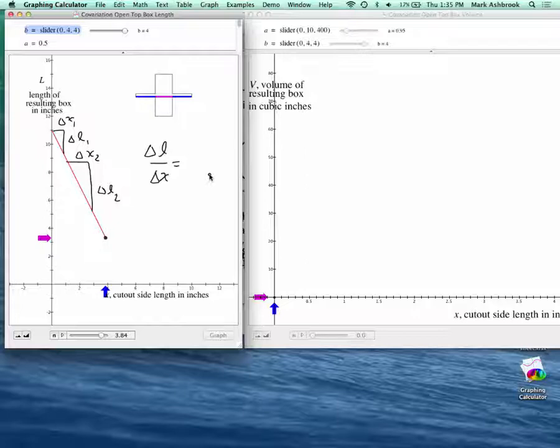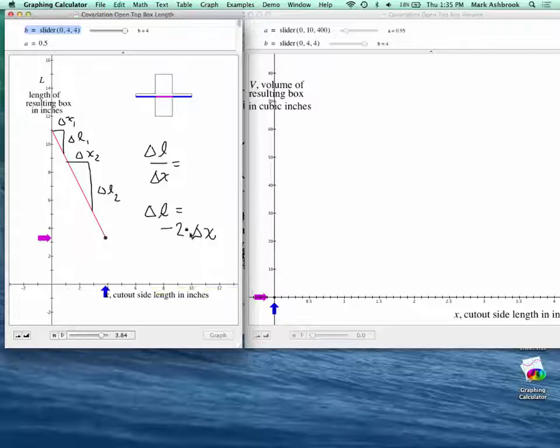And what was that ratio? For a change in x, how much does the length change? Meaning if we increase the side of the square cutout by so much, what happens to the length of the resulting box? It decreases. By how much? It decreases by -2 times as much as whatever the change in x was.